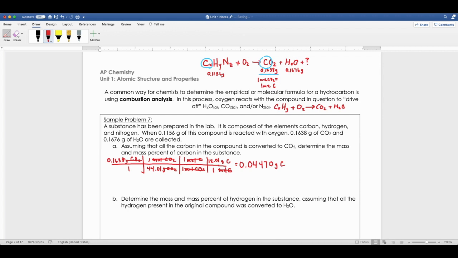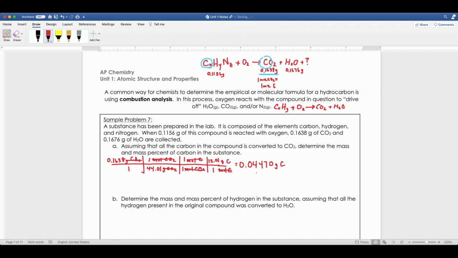And if 0.04470 grams of that sample is just carbon, that must mean that 0.04470 grams of this sample must contain that much carbon, because all of that carbon that was in the CO2 came from this unknown hydrocarbon. That's where we're going with this.